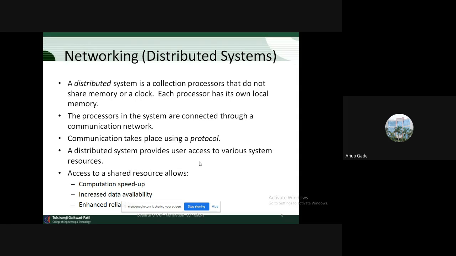A distributed system provides a user access to a variety of system resources in order to have smooth execution of a task assigned to it. Access to shared resources allows overall speed up of computation tasks. The availability of data is automatically increased and reliability enhanced. Distributed systems are more reliable as compared to routine systems, as if any system fails, other systems will share its load.